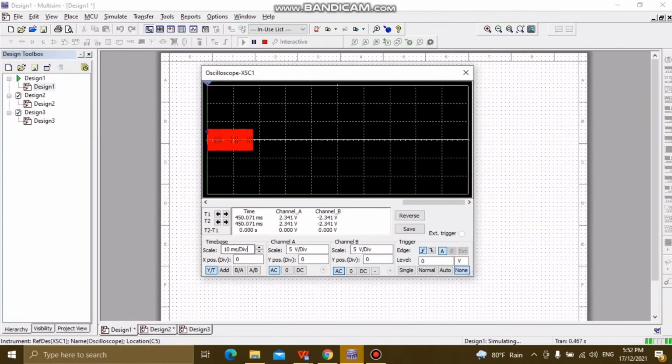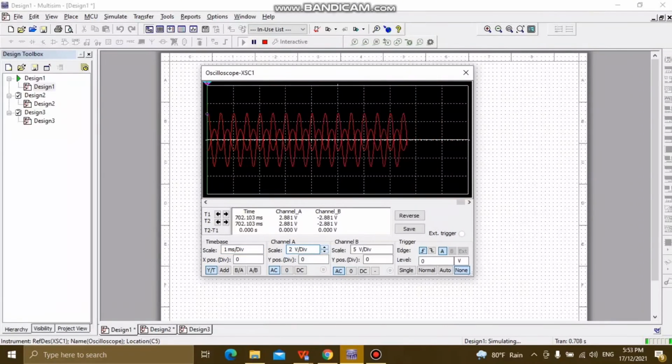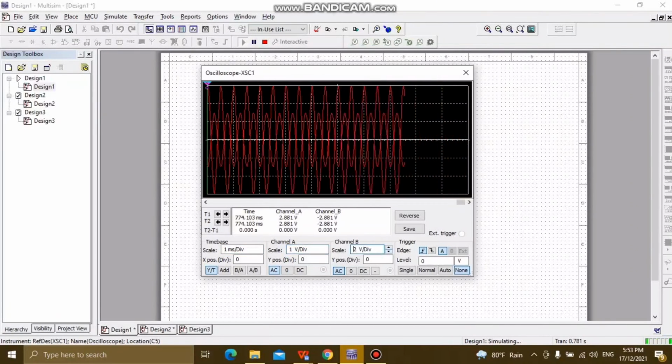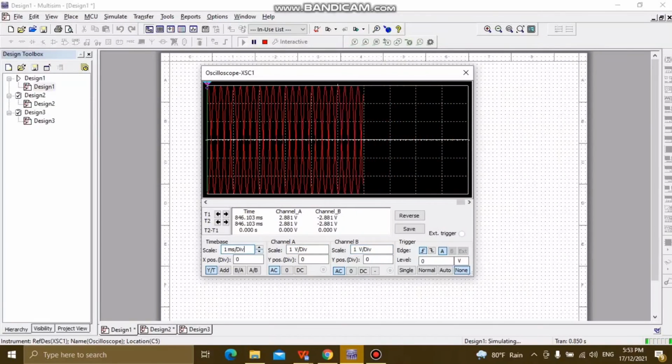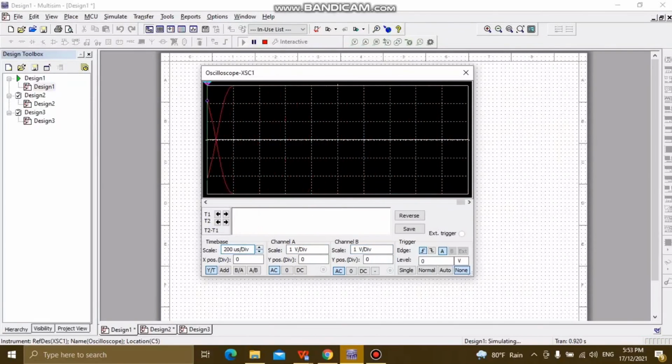Okay, now we can adjust the scale here. Okay, stop.